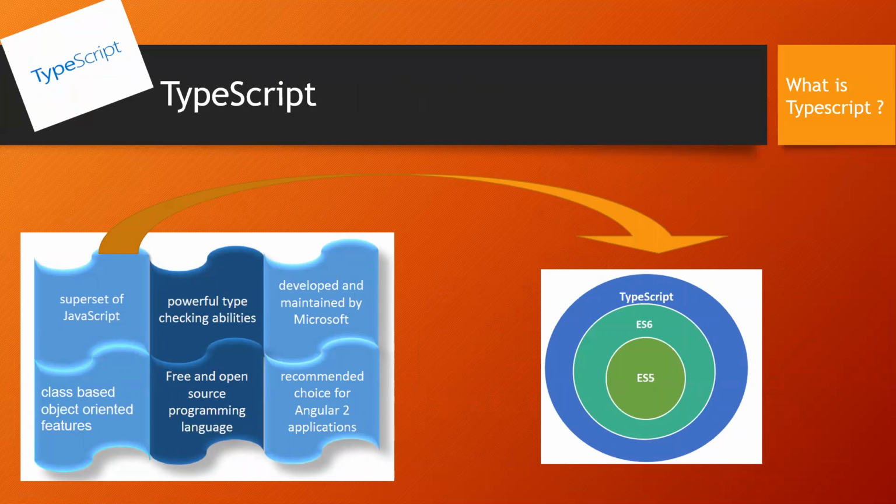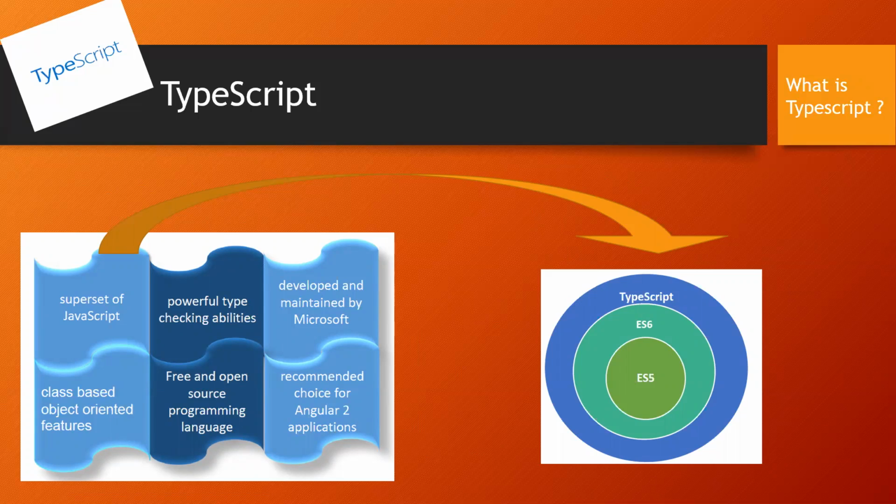Now, Microsoft introduced a similar type of scripting language to support Angular with .NET, which is known as TypeScript. TypeScript is a superset of ECMAScript 6, which is a superset of ECMAScript 5.